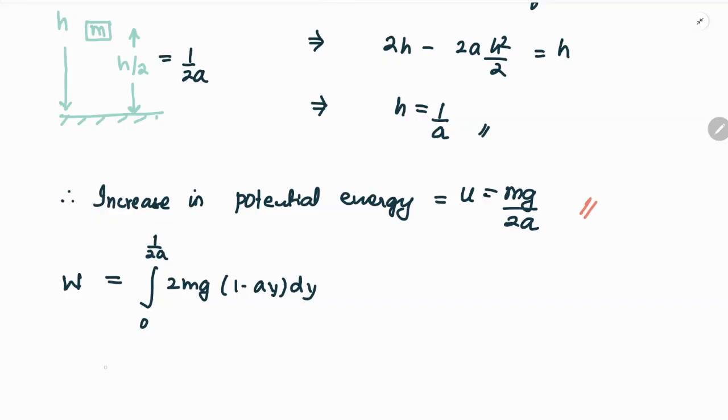We have already done the integration till a height h, so if we substitute the values there, we get W equals 3mg by 4a. So the problem is asking us to calculate two parts: the work performed by this force and the increment of the body's potential energy. These are the two answers we obtained for problem 1.130.